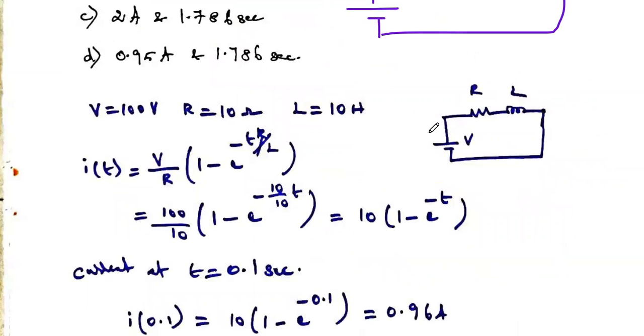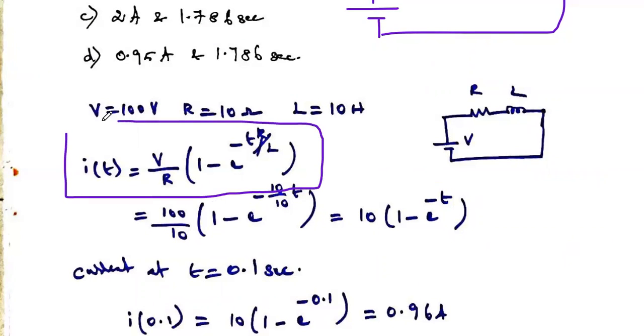So this is our RL circuit with the voltage value given, resistance value given, and inductor value given. So already you know the formula for current flowing through the series RL circuit. Okay, already we discussed this. You just remember it. The current flowing through this transient RL circuit is I of t equal to V divided by R into 1 minus e power minus tR by L. Here V is the applied voltage, R is the resistance value, L is the inductance value.